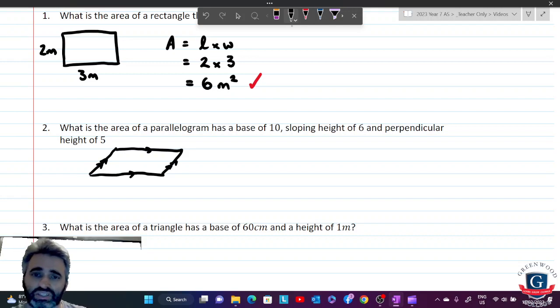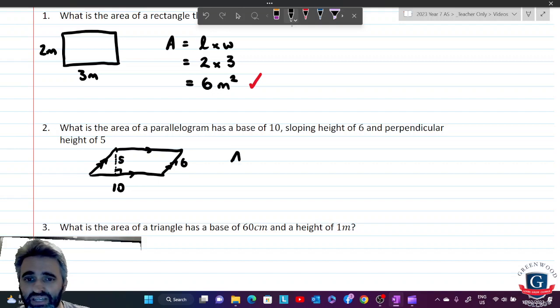My sketch is not great, but the base is 10 units of some sort. The sloping height is 6. And the perpendicular height, I said earlier I'd tell you what it is: it's a line that's at right angles to the base, and that has a height of 5. I don't think my diagram is particularly accurate, but it's enough to get the details out.